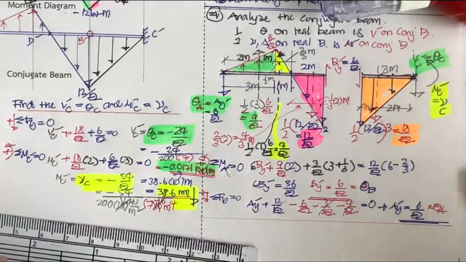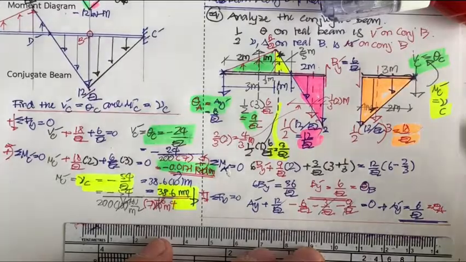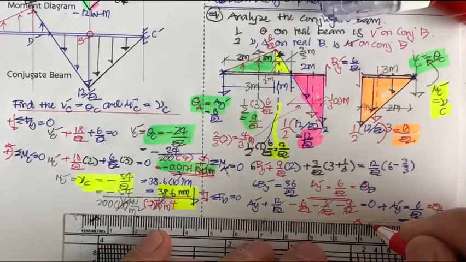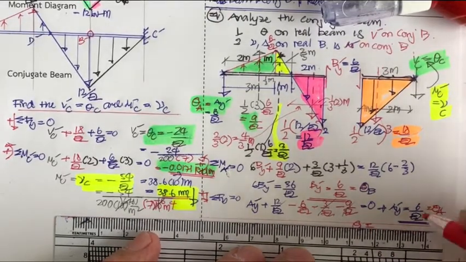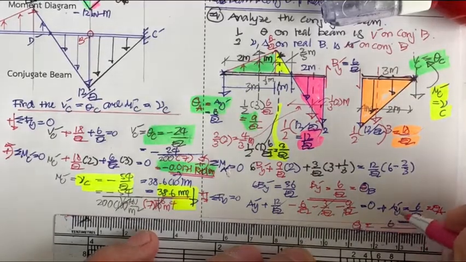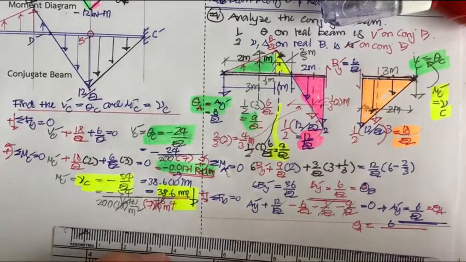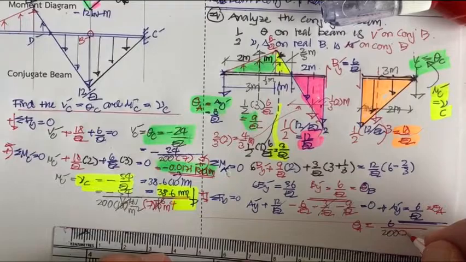And if you would like to find the zeta A, okay, you may put this one again. The zeta A is going to be equal to divided by 6. Again, the divider is going to be 200 and times 7.